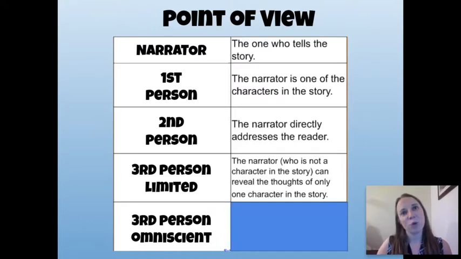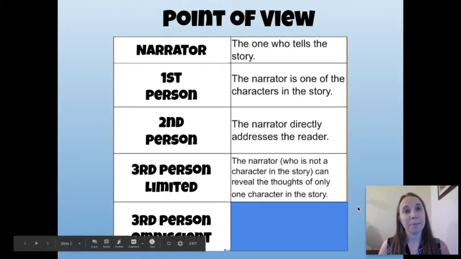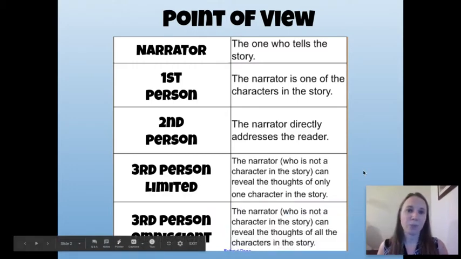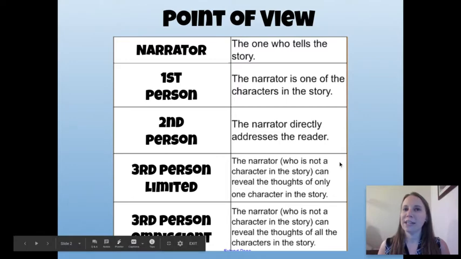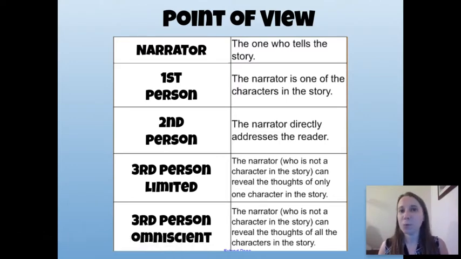It's limited to one character or the main character's perspective. And if it's third person omniscient, it's still told from an outside point of view looking in. The narrator is not a character in the story. But this time, if it's third person omniscient, you see that prefix omni, that means all or every. The narrator can reveal multiple characters' thoughts if it's omniscient.